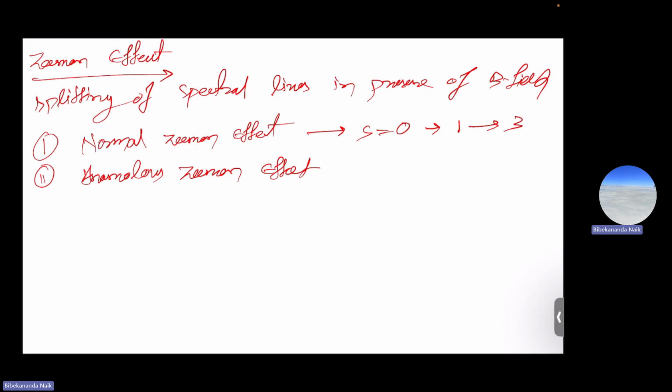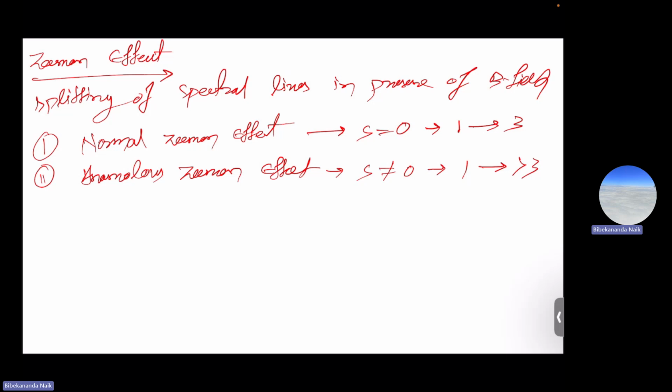According to the selection rule, delta ml is 0 or plus minus 1. Delta ml 0 corresponds to one line, delta ml minus 1 corresponds to one line, and delta ml plus 1 corresponds to one line. So each spectral line gets split into three equally spaced spectral lines. This is called the normal Zeeman effect. The anomalous Zeeman effect is when the spin is considered. In that case, one spectral line gets split into more than three unequally spaced spectral lines.